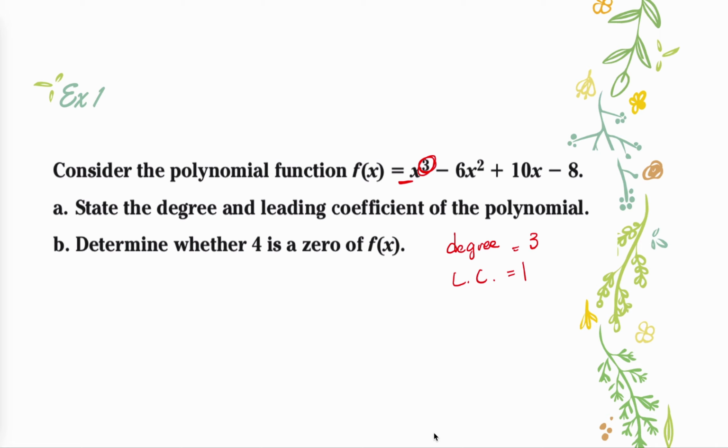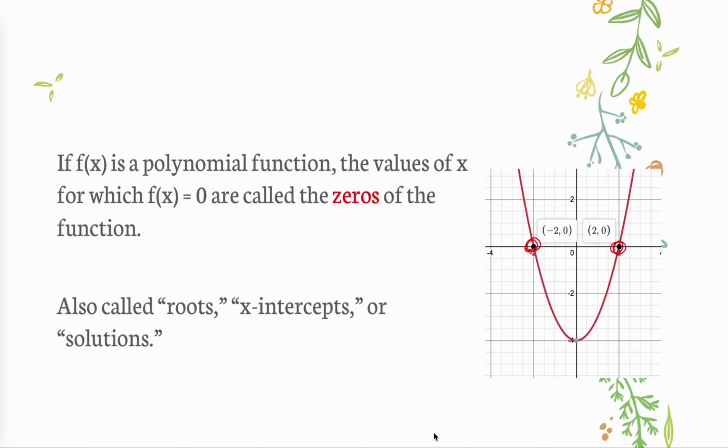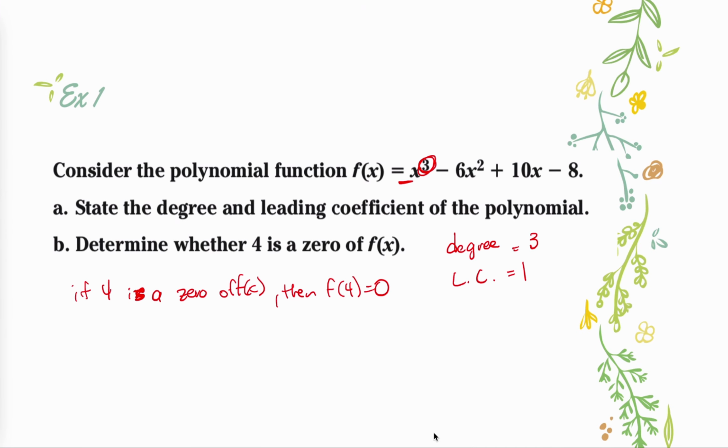Determine whether 4 is a 0 of f of x. If 4 is a 0 of f of x, then f of 4 would be 0, right? A zero is where f of x equals 0.